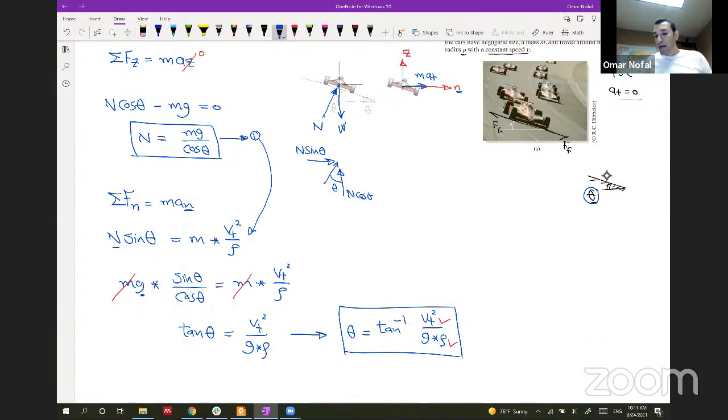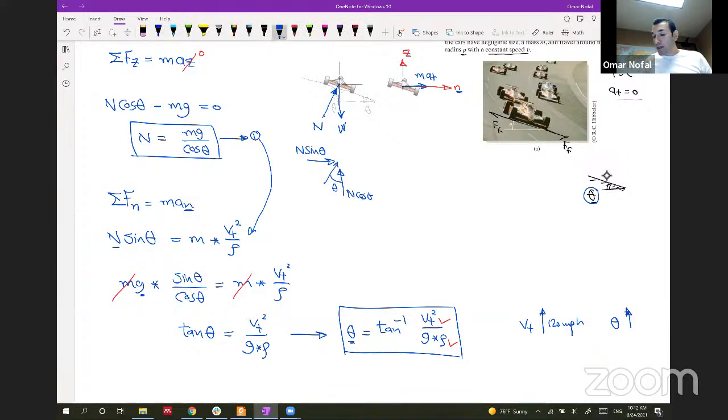And it's a function of the radius of the curve. So if we are designing a road to be a race road, and we expect that these cars will have a high speed like 120 miles per hour, that means that theta will increase.